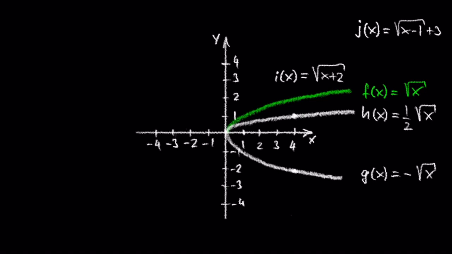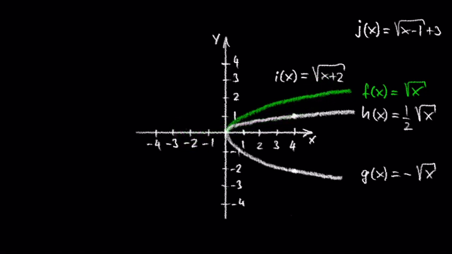How can we graph the square root of x plus 2? We see that before we take the square root of x, we first add a 2 to x. So when we plug in a negative 2 for x, we get negative 2 plus 2, which is 0, and the square root of 0 is 0.